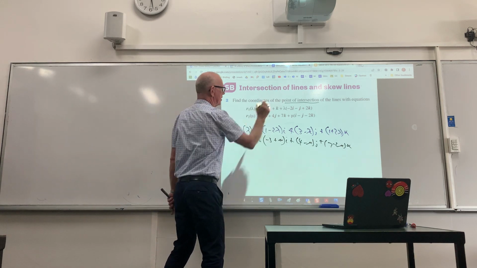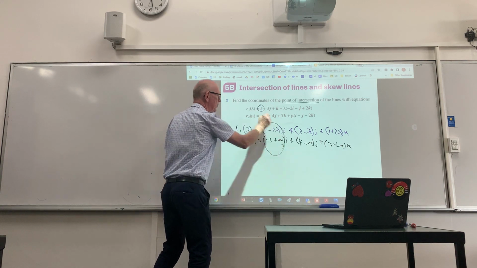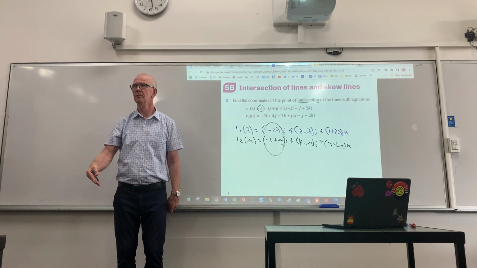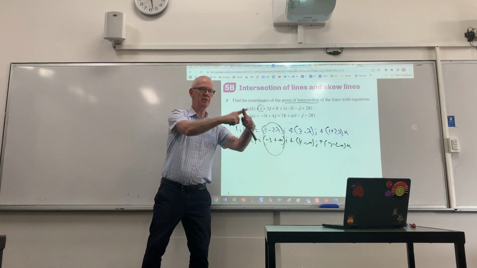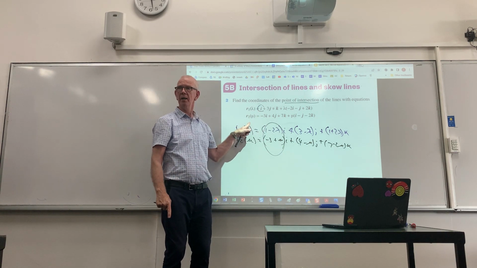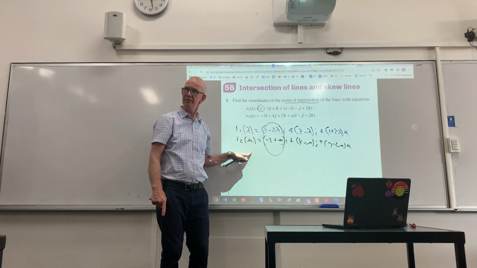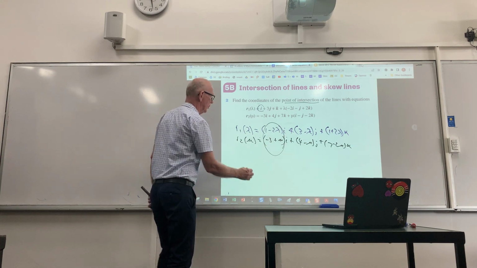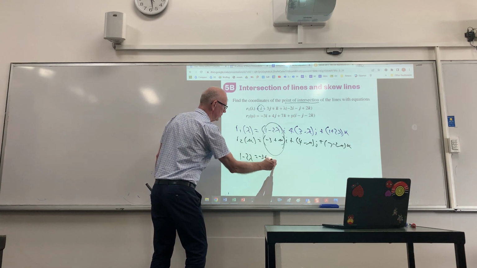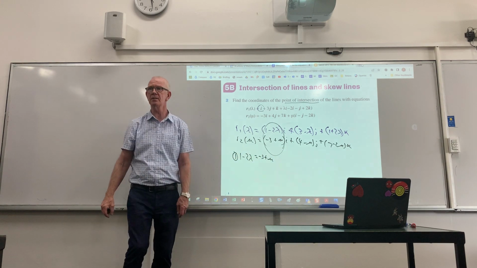If we have an intersection point, then those I components will be equal to each other. If they have an intersection point in some space, the I component of R1 and the I component of R2 have to be equal. So 1 minus 2 lambda equals negative 3 plus mu is equation number 1 that has to be satisfied.